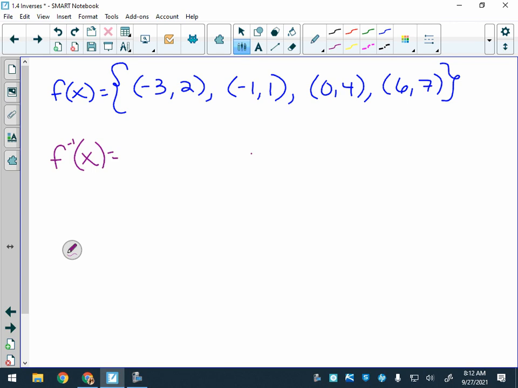Great. Good. Did the signs change at all? No. All you're doing is switching x and y. So the inverse of a set of ordered pairs, 2, -3, 1, -1, 4, 0, and 7, 6.